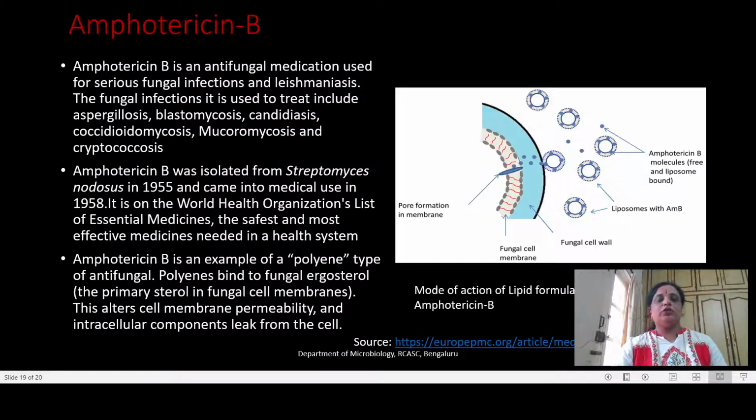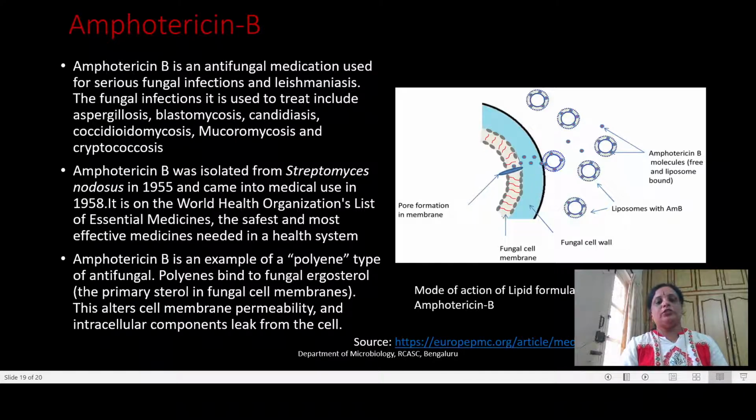This is also an antifungal agent which is being used in serious fungal infections, and some reports tell that it is also being used in leishmaniasis. The fungal infections, for example, aspergillosis, blastomycosis, candidiasis, coccidioidomycosis, mucormycosis, cryptococcosis, zygomycosis, in such infections, this particular antifungal agent has been used.